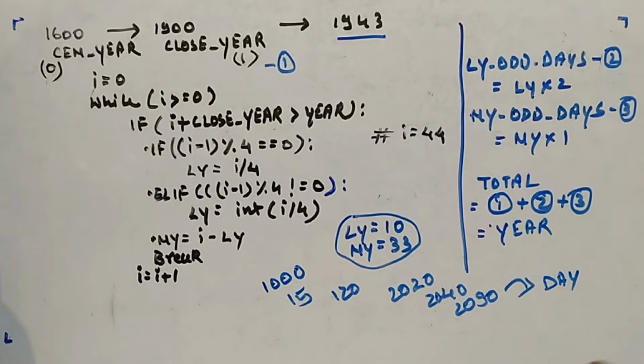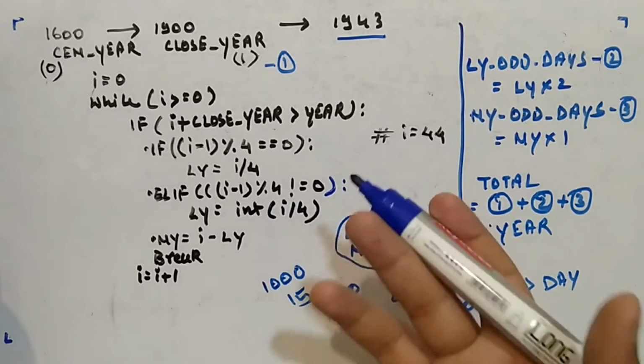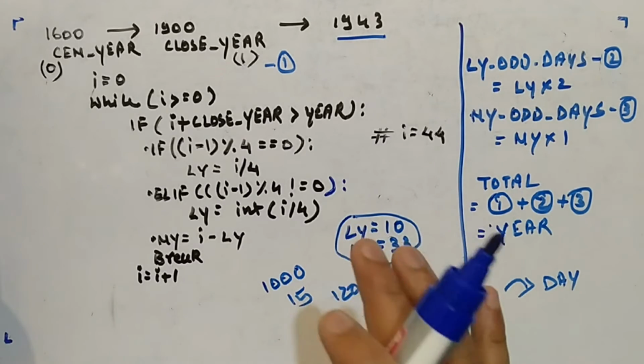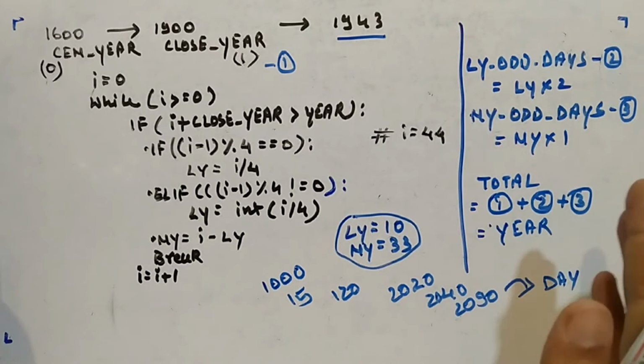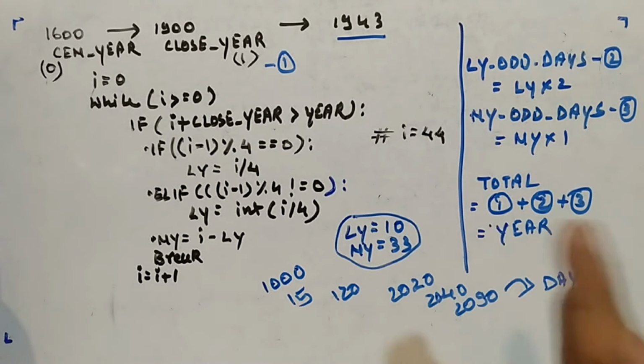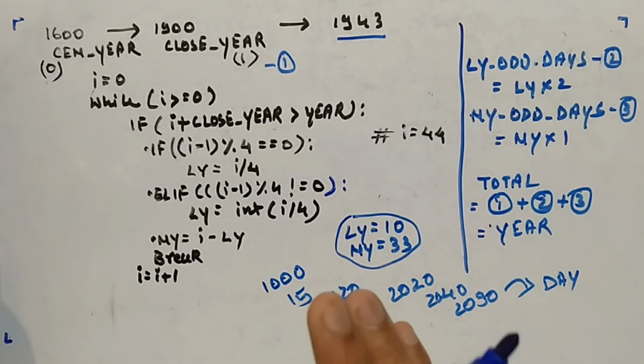That is the benefit, it is generalized. You will just feed the date and you will get the output as day, no matter if it is 10,000 years ahead or 10 years ahead or in the past as well.